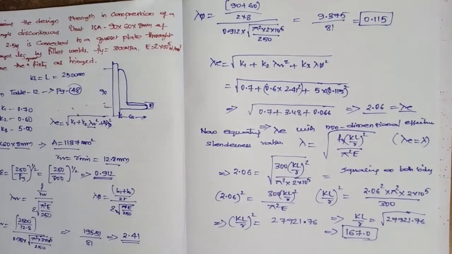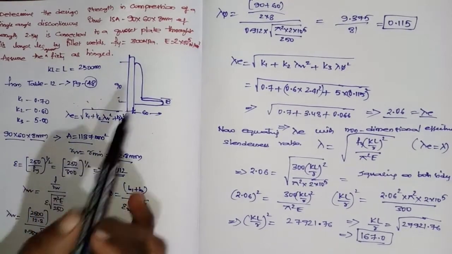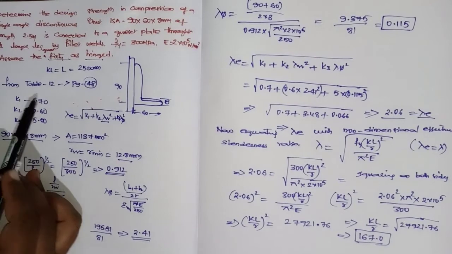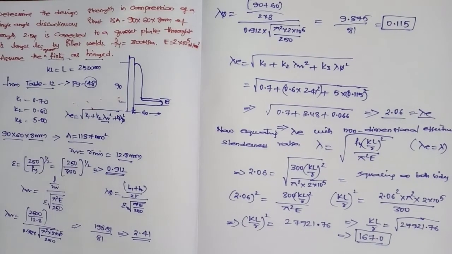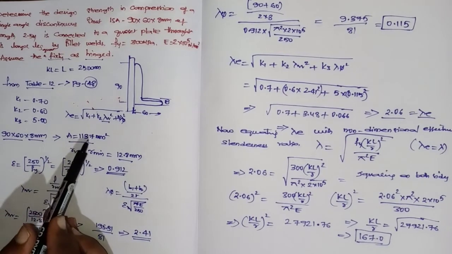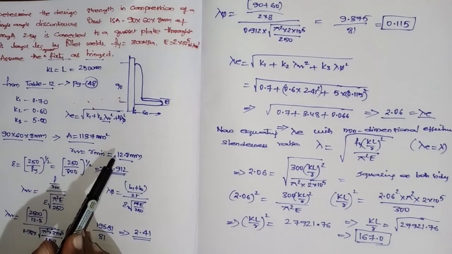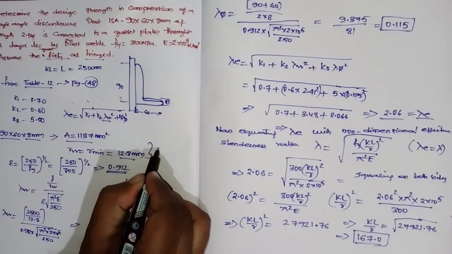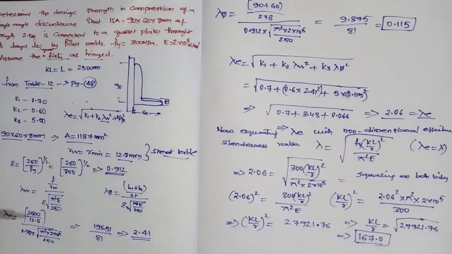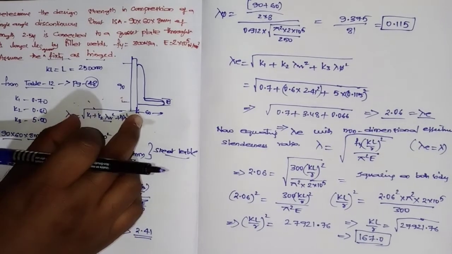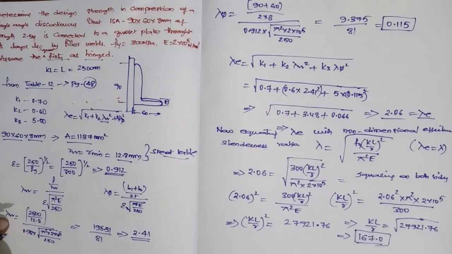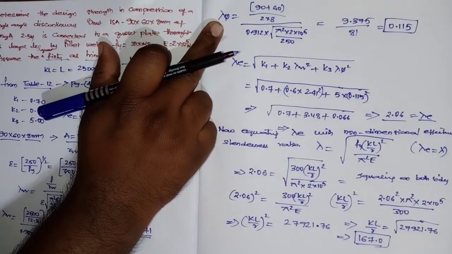Once again, see this step: we got the conditions. Based upon the conditions we got K, K1, K2, K3 values from table number 12. From that you got 90 by 60 by 8 mm. You calculated, taking the area and minimum radius of gyration from the steel table. These two values are from the steel table or SP6 chart. We elaborated the formula, calculated epsilon, and calculated lambda Vb and lambda phi values.